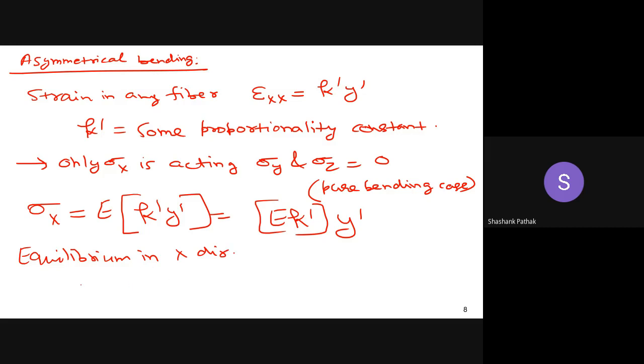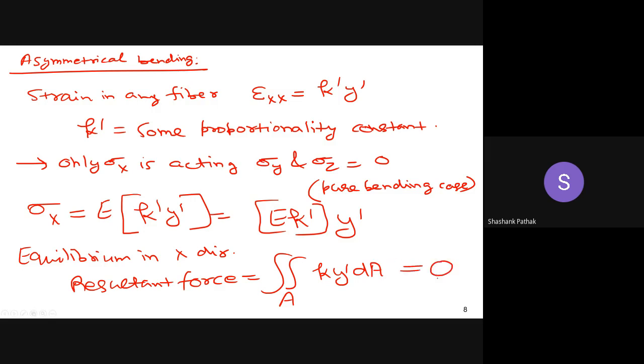So basically the resultant force in x direction can be written as the integral of this force over the entire cross section area, and that should be equal to 0 because this is in equilibrium.